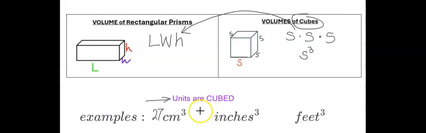If the answer was 4.2 inches cubed, we would write 4.2, the unit is inches, and we would put the cube on it to indicate this is a measure of volume. If it had a square on it, we would know you measured area. If it didn't have a unit at all, we would know you measured perimeter. So that communicates what you're measuring. Without those, we don't know what you're measuring, area, volume, or perimeter. So you need to put those on to indicate what your unit would be so we know what you found.